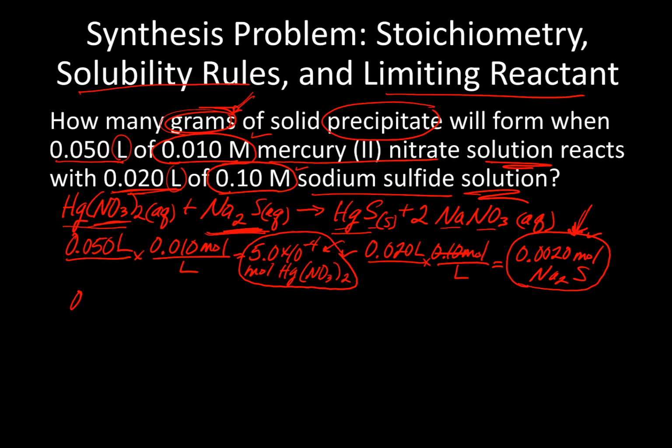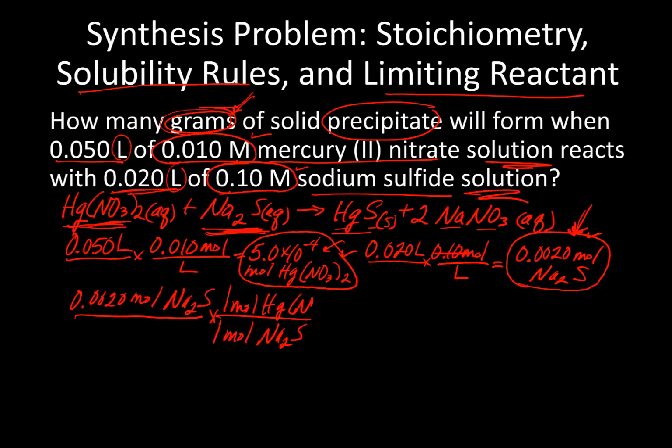I'm going to start with the 0.0020 moles of sodium sulfide. And I'm going to figure out how many moles of mercury nitrate I need to react with that. So if I look at my balanced chemical equation, it's a 1-to-1 ratio. For every 1 mole of sodium sulfide that reacts, I get 1 mole of mercury nitrate reacting.